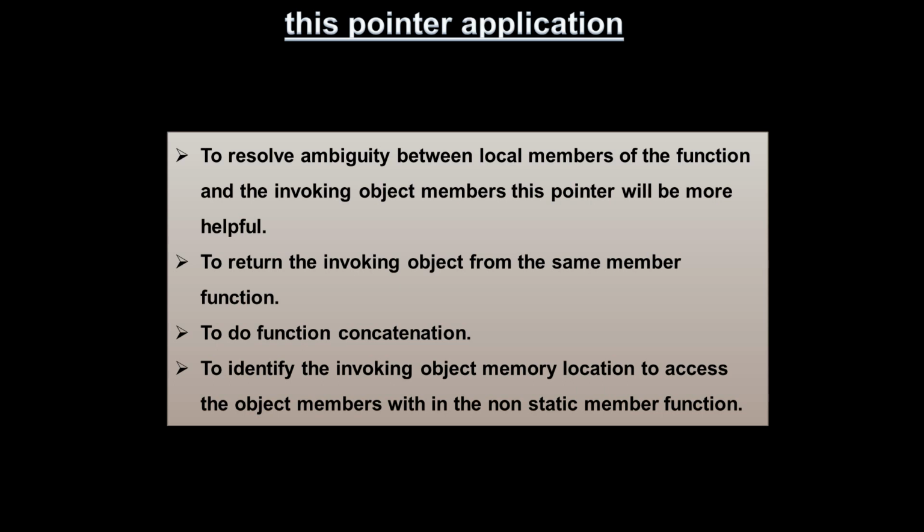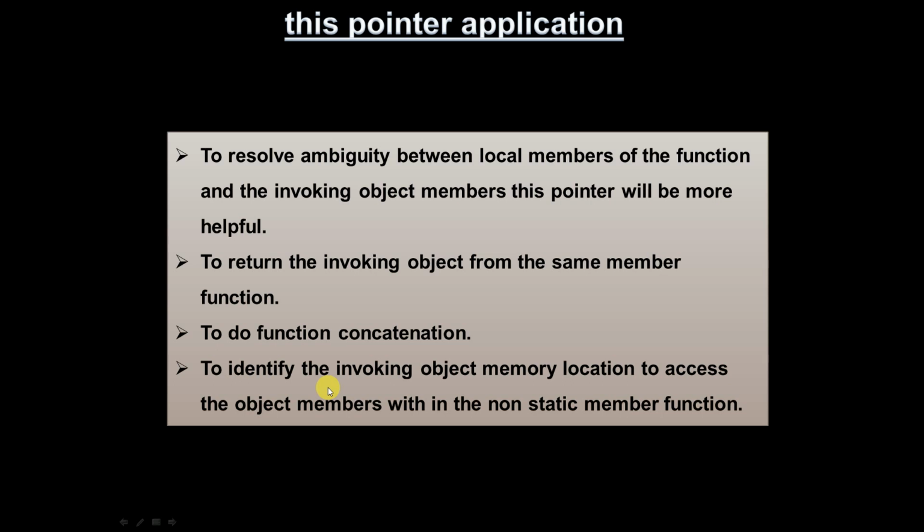Another main important thing is to identify the invoking object's memory location to access the object members within the non-static member functions. This is the main point. The this pointer is used mainly to know who is invoking the member function, and within that member function, if you want to access that particular invoking object's information, maybe the employee ID or employee name, I can use this pointer.